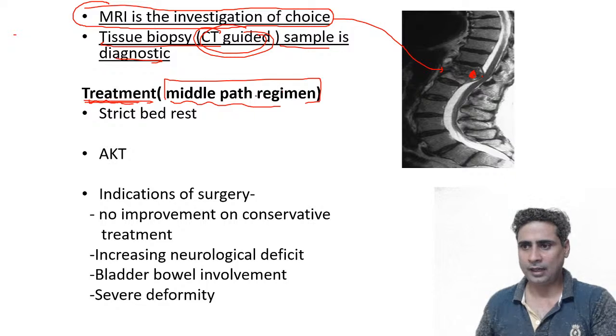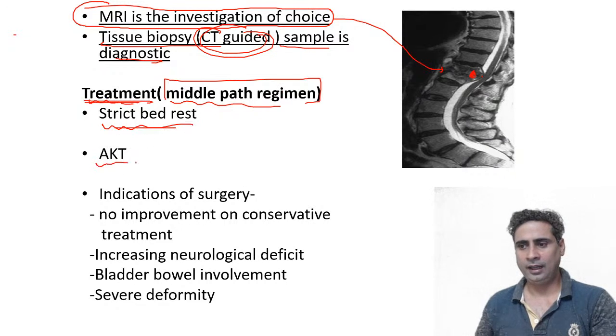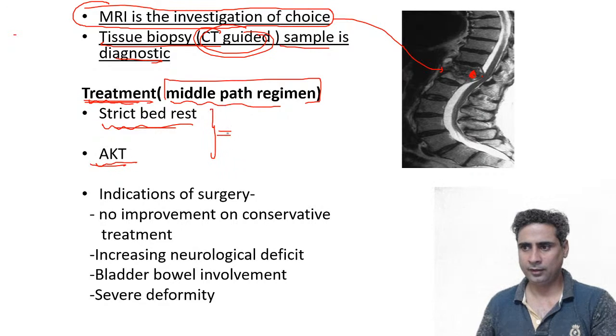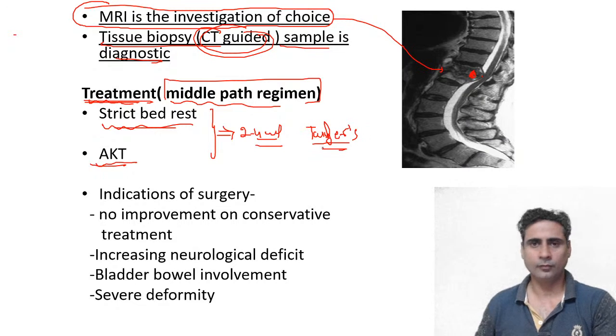So we will start with conservative management with strict bed rest and anti-tubercular drugs. If the patient is improving, after 2 to 4 weeks we start mobilizing the patient with the help of Taylor's brace, and we will be doing physiotherapy.